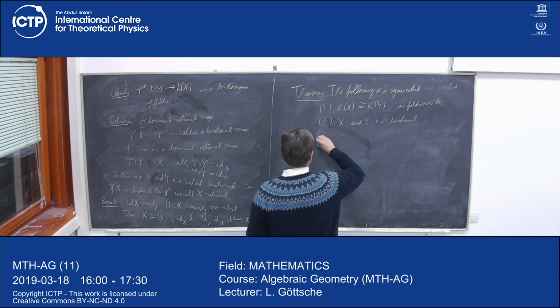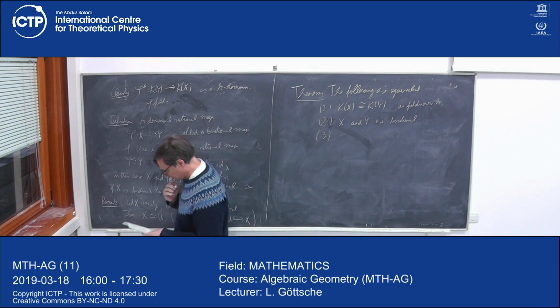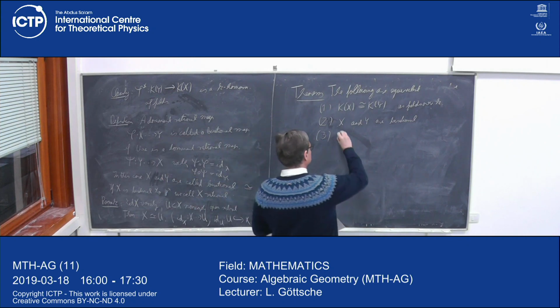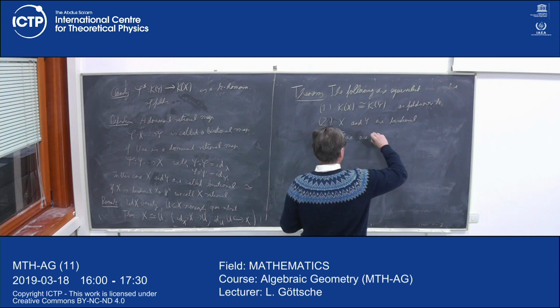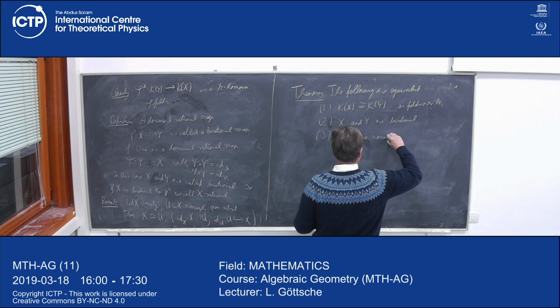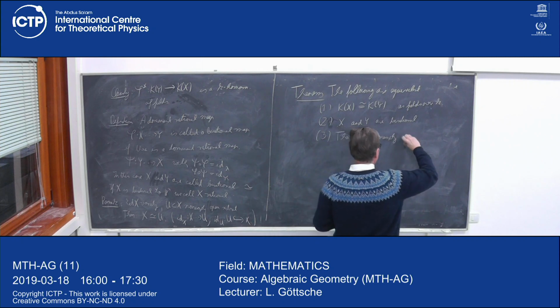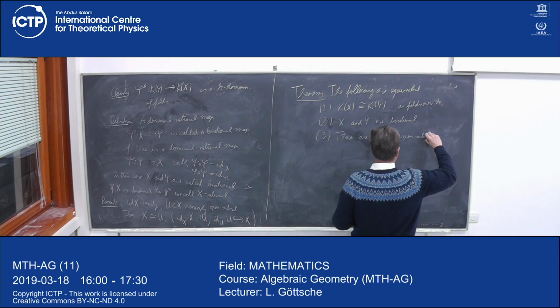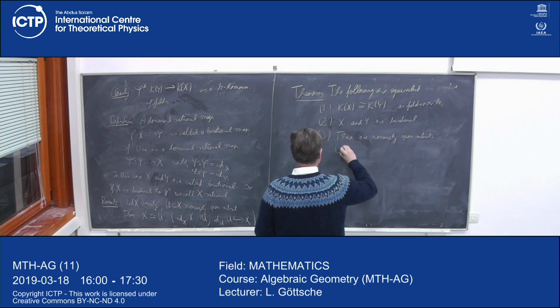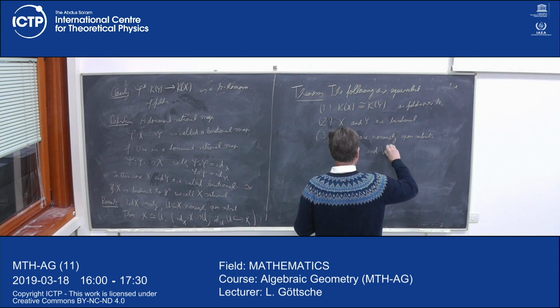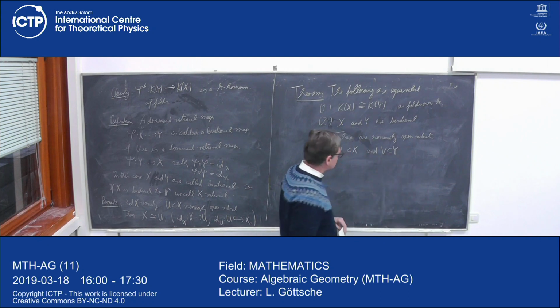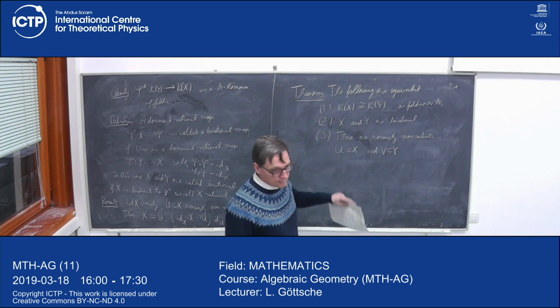And the third, there are non-empty open subsets U in X and V in Y such that U is isomorphic to V.